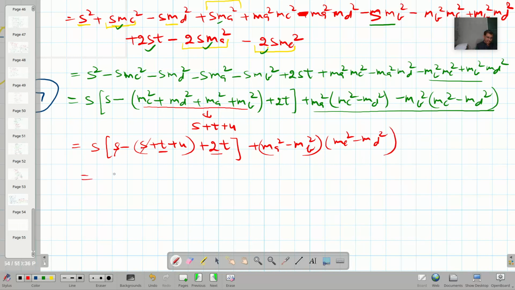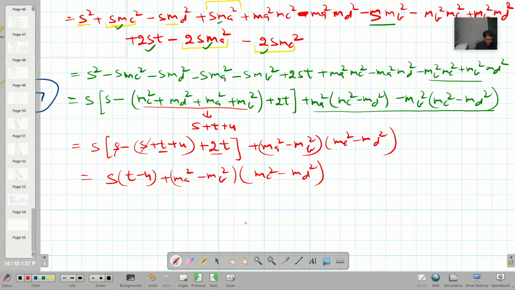So here it is t plus u, t minus u inside, and outside it is s, and it is m_a square minus m_b square into m_c square minus m_d square. So hence this part will also be proved like this. So you can use this result directly.